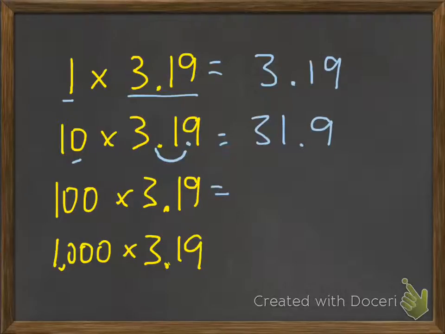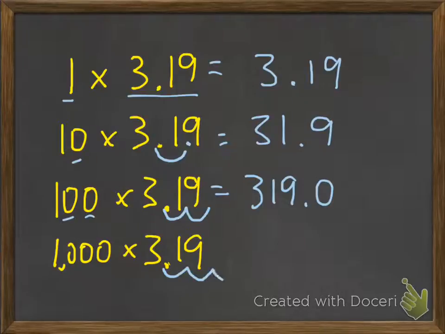Now I have 100 groups of 3 and 1900s. Since I'm multiplying it by 100, the decimal is going to move to the right 2 places. Therefore, the decimal will now wind up being after the 9, and I will get a value of 319. Finally, I'm multiplying my decimal by 1,000. If I'm multiplying it by 1,000, that means it's going to move to the right 3 places.